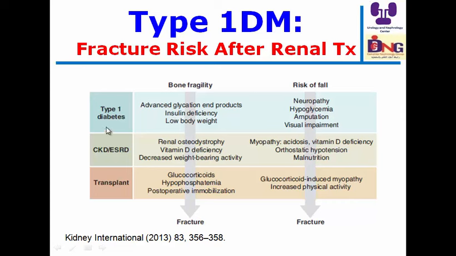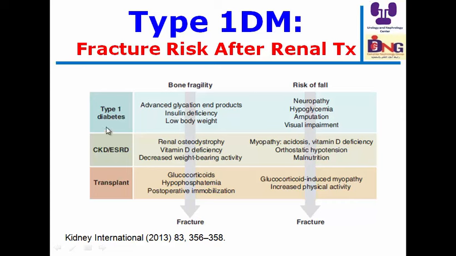All these factors accompany type 1 diabetes. Myopathy, acidosis, vitamin D deficiency, orthostatic hypotension, and malnutrition are added when chronic kidney disease or end-stage renal disease supervene. And then after transplantation, we have glucocorticoid-induced myopathies, etc.